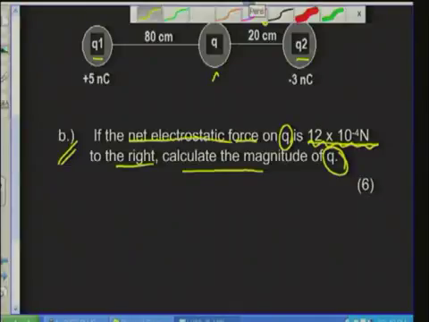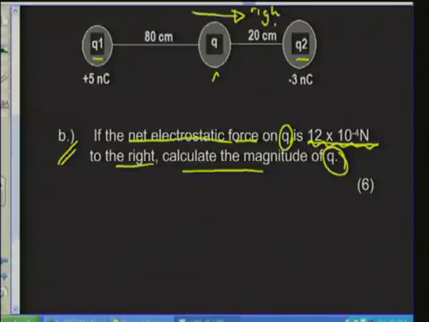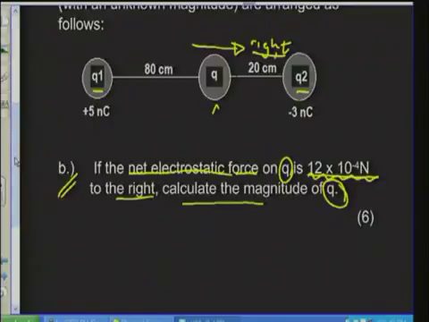Okay? To the right. Now, if it is moving to the right, there is something we need to deduce here. If it is moving to the right, yet Q2 is negative, it means Q2 is attracting Q, so we assume that Q1 must be positive.